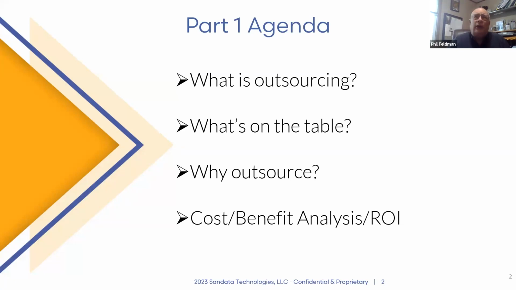How can I determine if my agency would benefit by that? And then we also went through an interesting calculation which flushes out the return on investment of outsourcing. So weighing the costs of outsourcing versus the costs that are eliminated in your organization versus the potential benefits, and then ultimately calculating the return on investment of making that move.